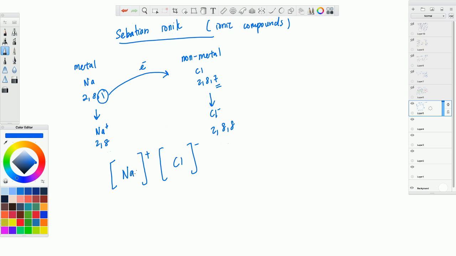If you want to draw, sodium 2,8. And then the chlorine, 2,8,7 become 2,8,8.